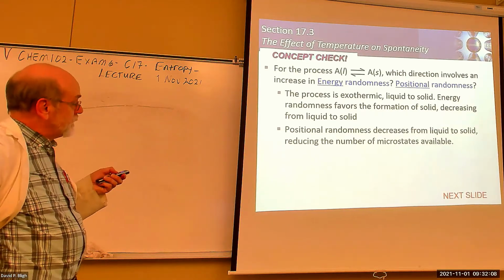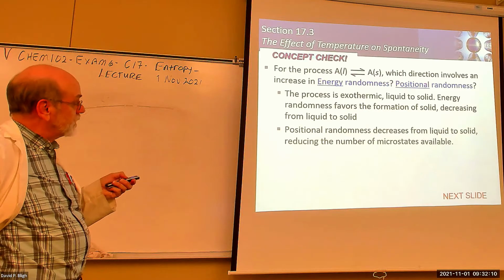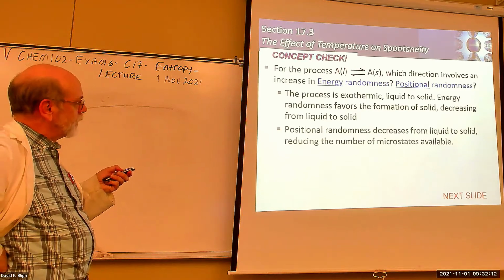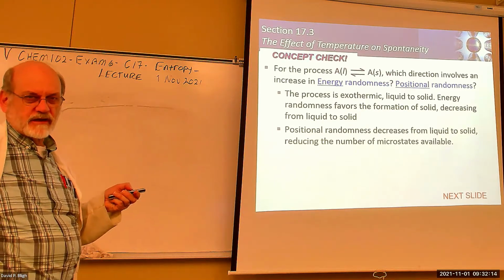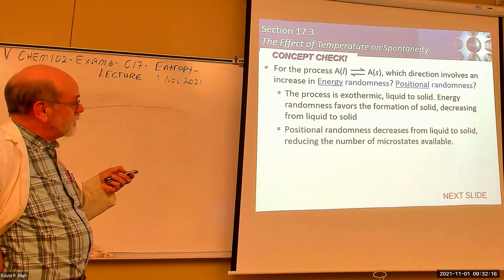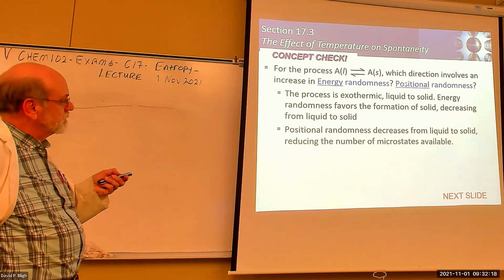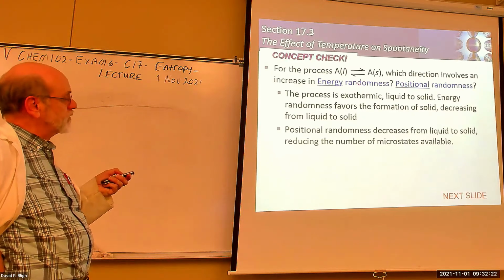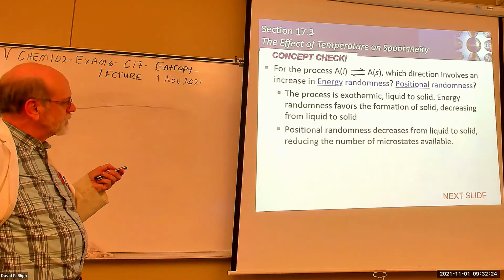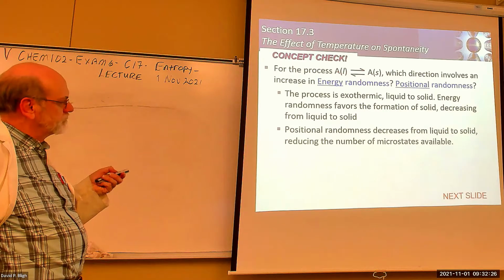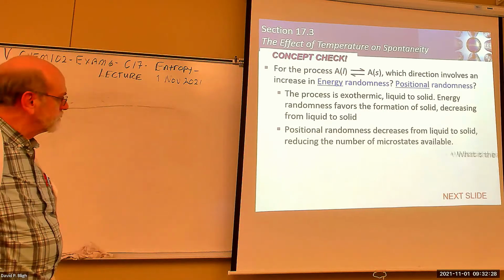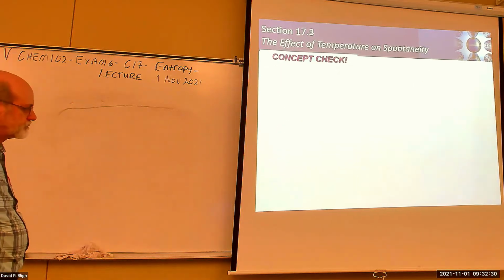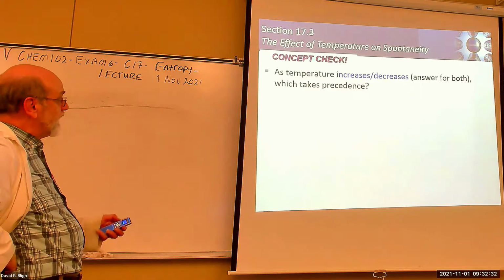If the value for this one is bigger than that one, then the reverse is going to be spontaneous. But if the positional randomness is greater in magnitude than the energy randomness, then you're going to see movement to the left as spontaneous. So we have to look for the balance between the two.